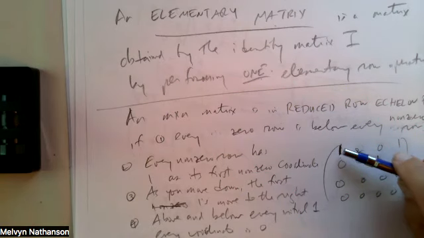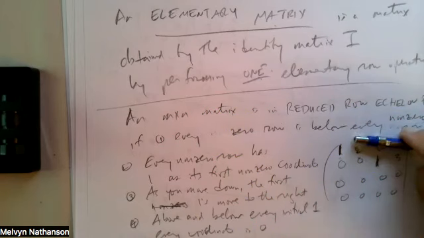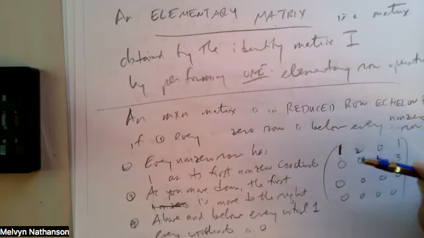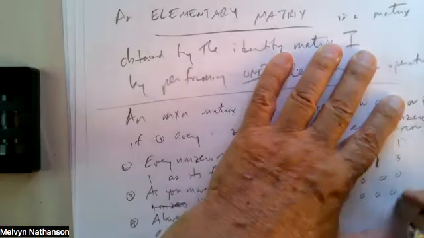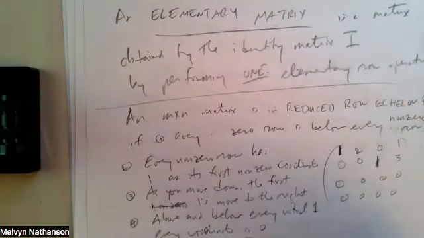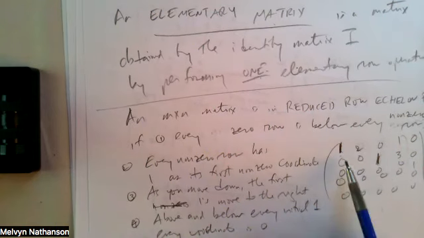Every non-zero row has its first non-zero coordinate equal to 1. As you move from one row down to the next, these initial ones are moving to the right. Could have a matrix that looks like this. One, one, one.